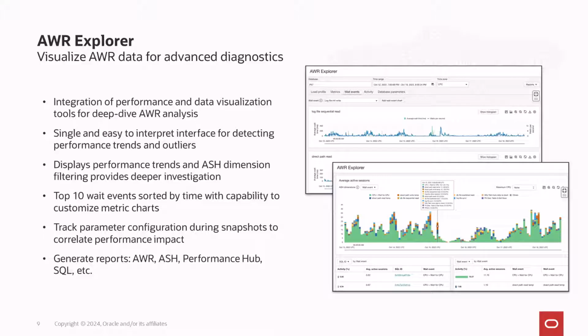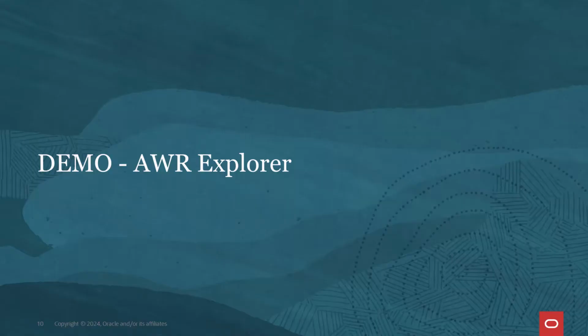In addition to these features, AWR Explorer generates various reports, including AWR, Performance Hub and SQL reports, offering a comprehensive view for performance diagnostics. Let's deep dive into a demo to see these features in action and explore how they can help us troubleshoot real-world performance issues.